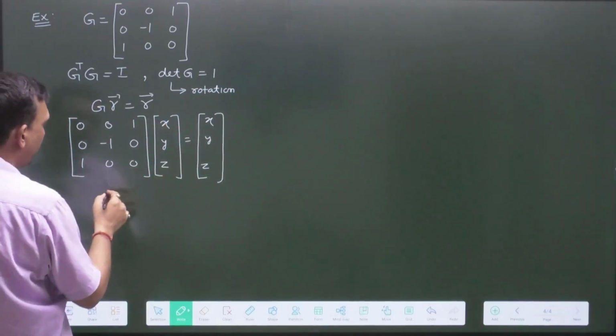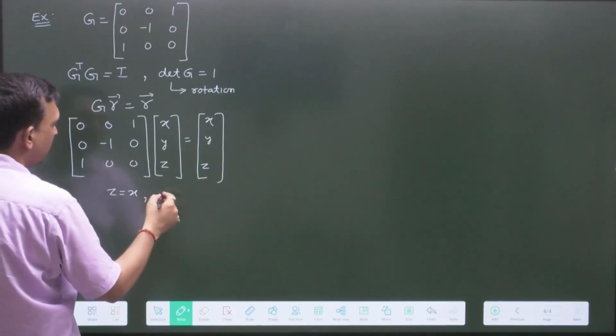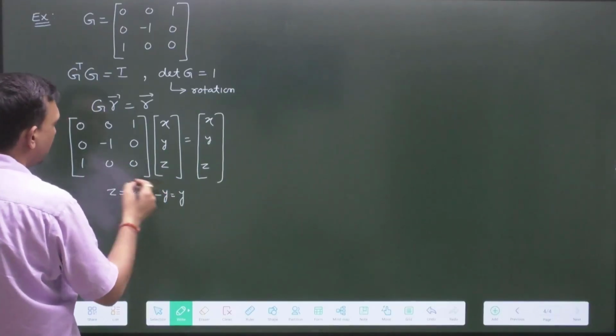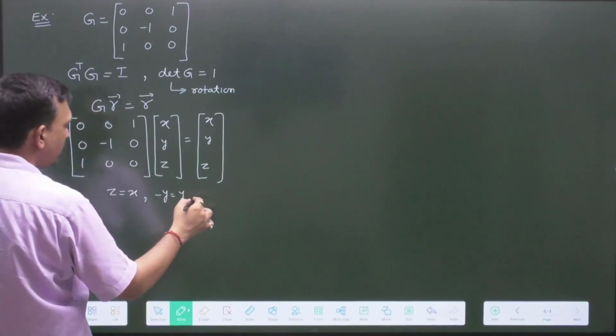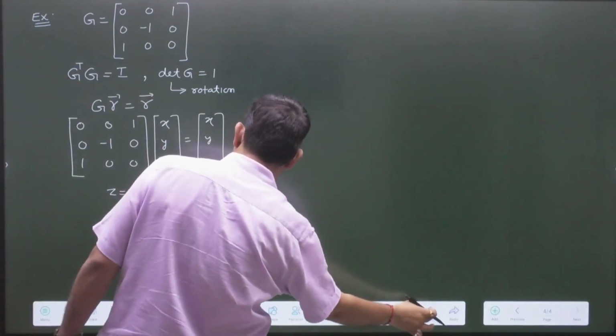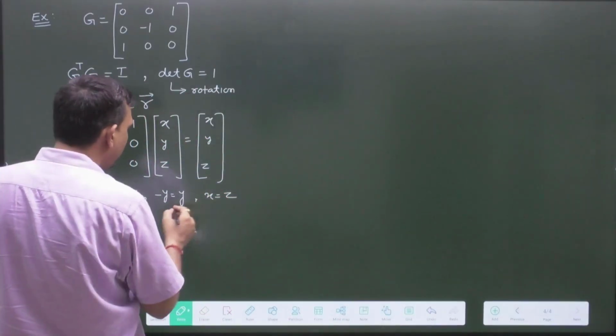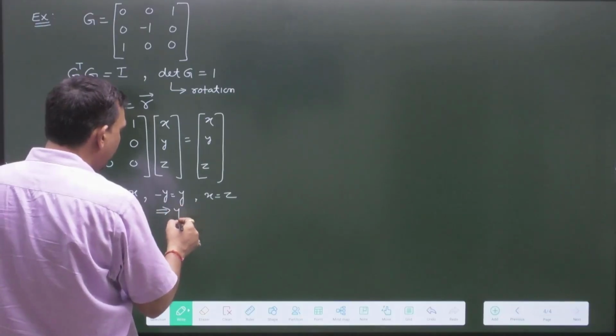Z is equal to X, minus Y is equal to Y, X is equal to Z. So this will give you Y is equal to 0.